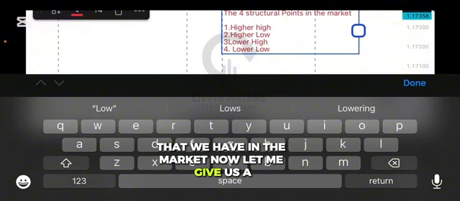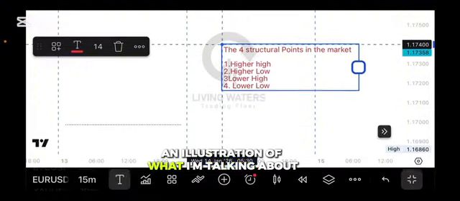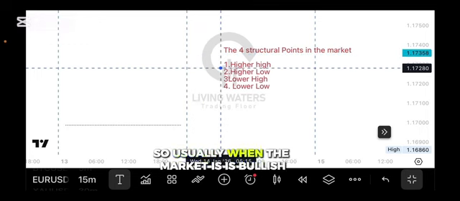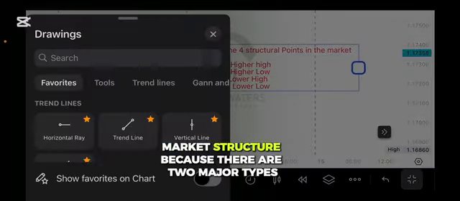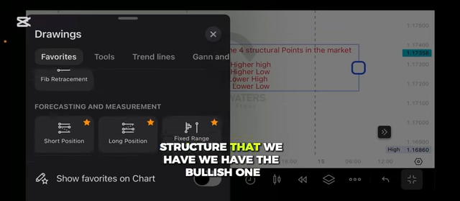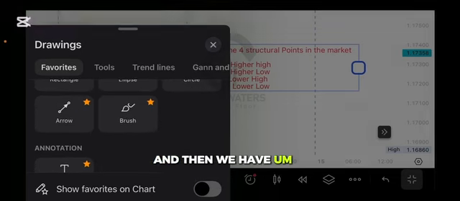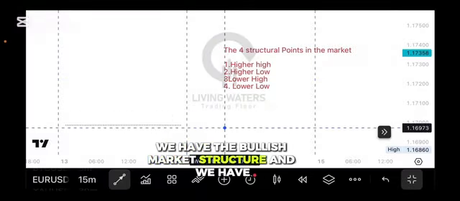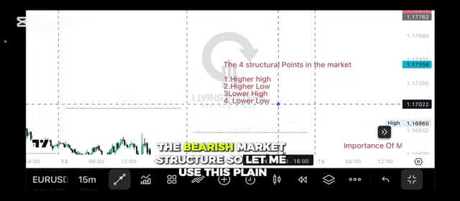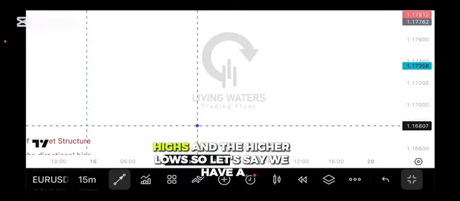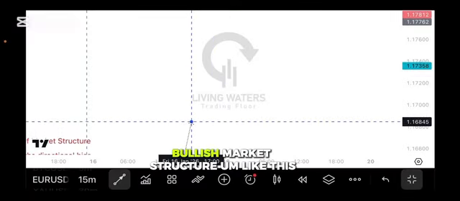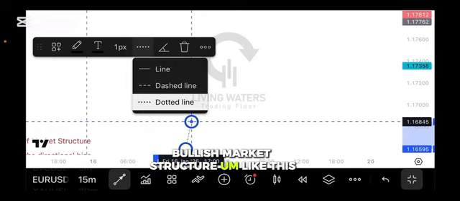Now let me give us an illustration of what I'm talking about. Usually when you have a bullish market structure, because there are 2 major types of market structure, the bullish one and the bearish one. So let me use this plain space. Let's say we have a bullish market structure like this.